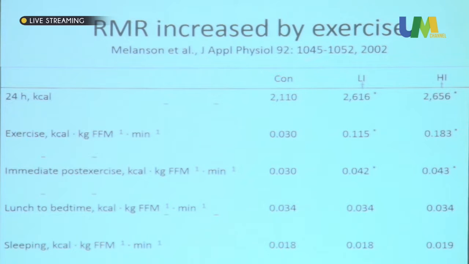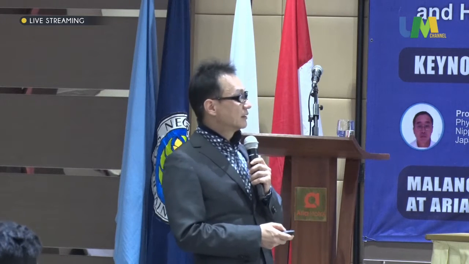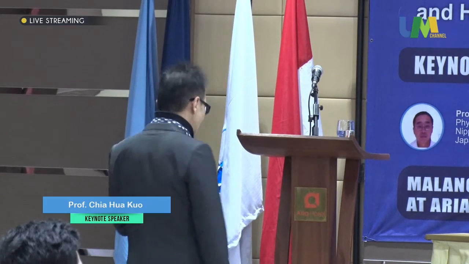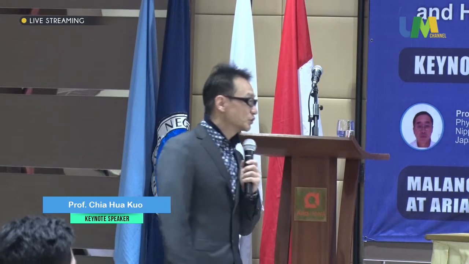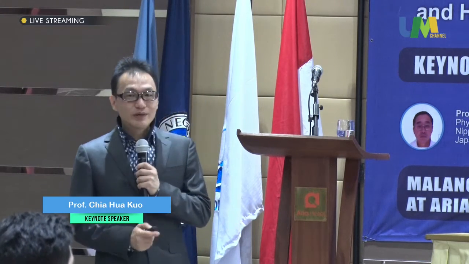Control is no exercise. LI means low intensity. HI means high intensity with a shorter period. From here, you can see that exercise will increase the resting metabolic rate by about 500 kilocalories.